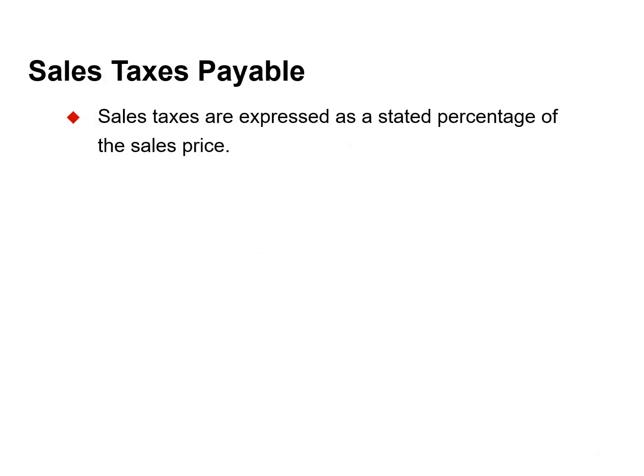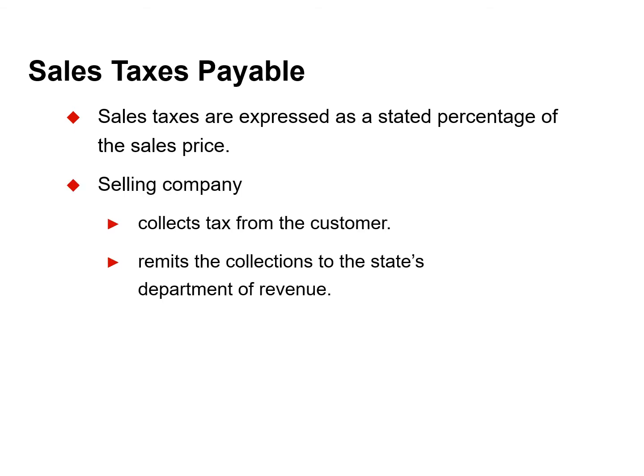Many of the products we purchase at retail stores are subject to sales taxes. Sales taxes are expressed as a percentage of the sales price. The selling company collects the tax from the customer when the sale occurs and periodically remits the collections to the state's Department of Revenue.